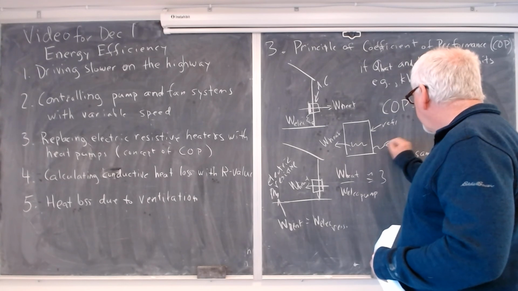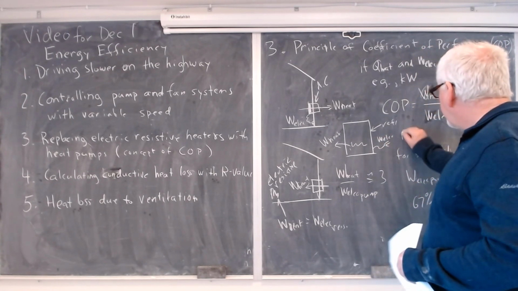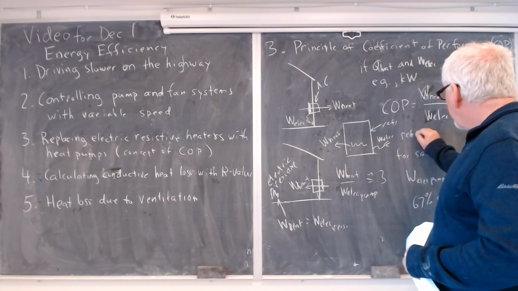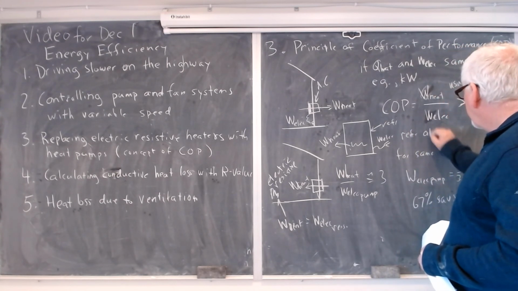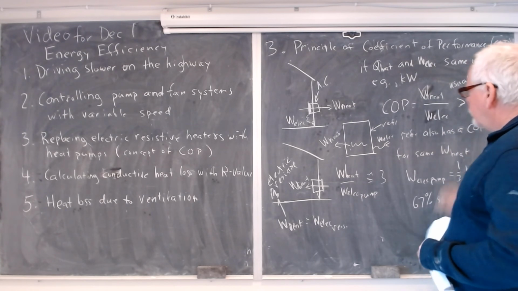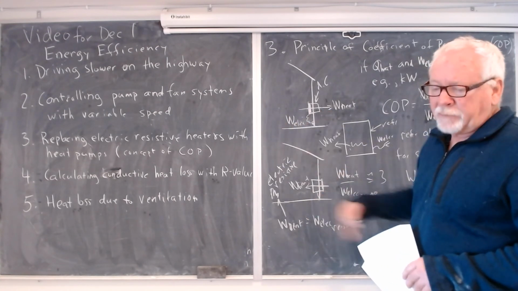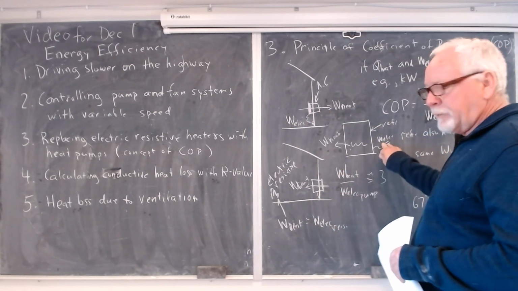Of course, you know that now, most of you. And so a refrigerator also has a COP, which is the ratio of the heat being, on average, pumped out of the refrigerator divided by the average electrical power.